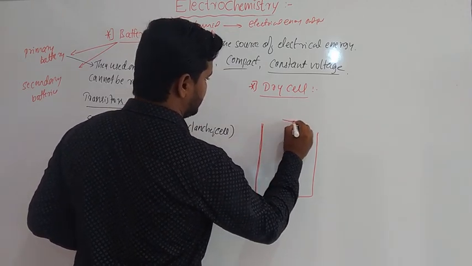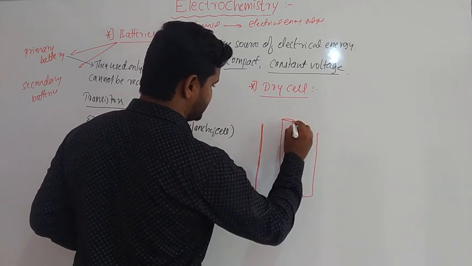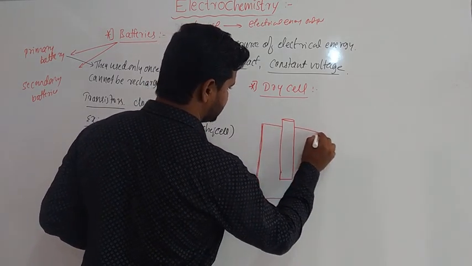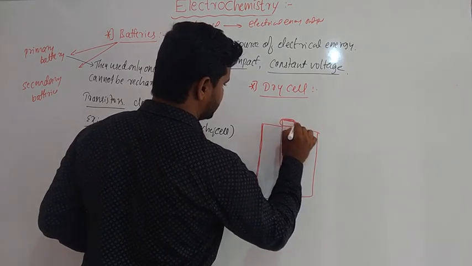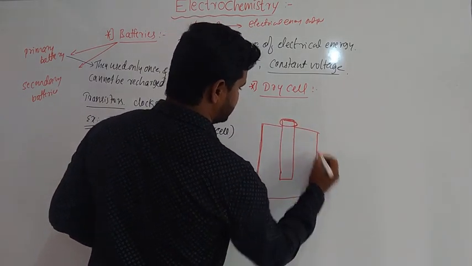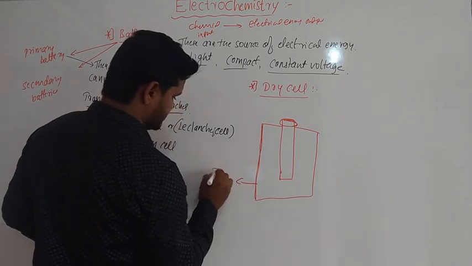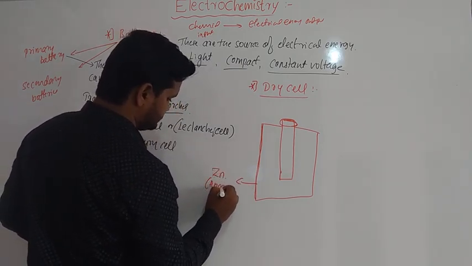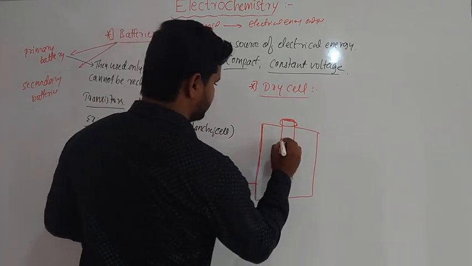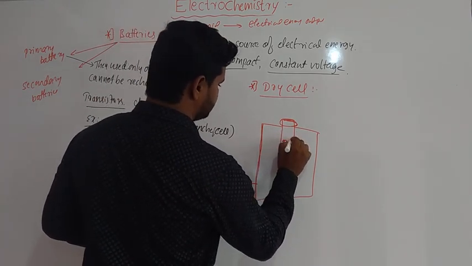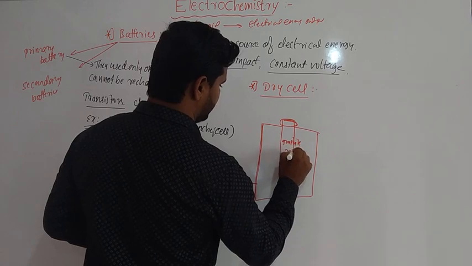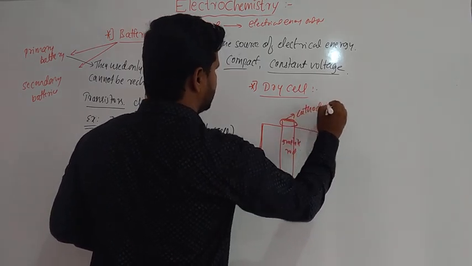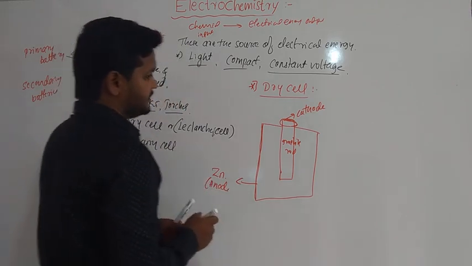Here a graphite rod is surrounded by a zinc plate which acts as the anode, and this graphite rod acts as the cathode.